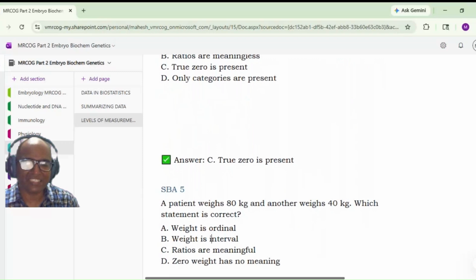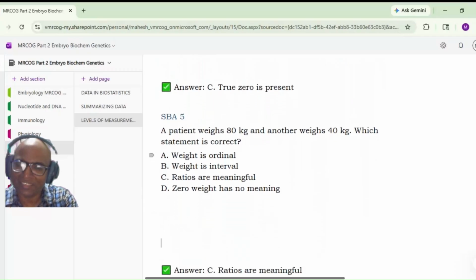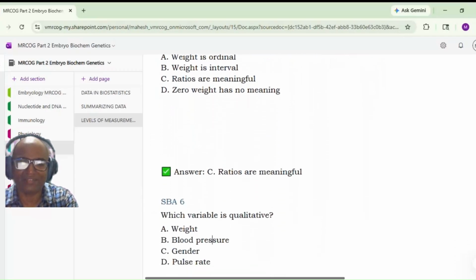Weight is continuous data. And what type of scale is it? Ratio scale. In a ratio scale, everything is meaningful. So ratios are meaningful because 80 kg is going to be two times 40 kg. Which is not happening with the interval scale. Yes, sir.